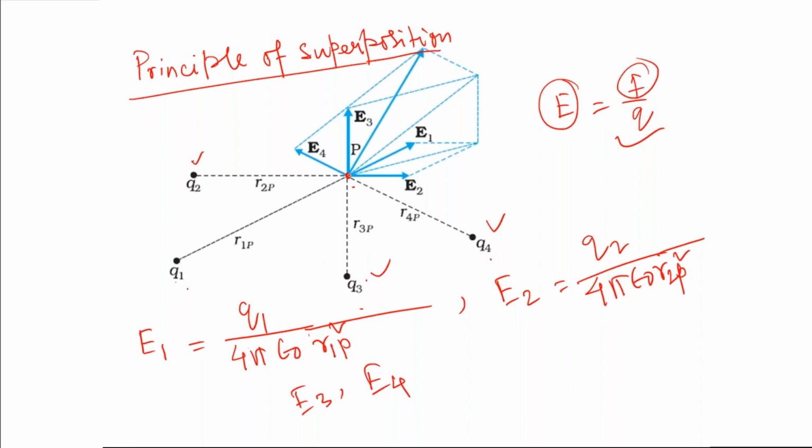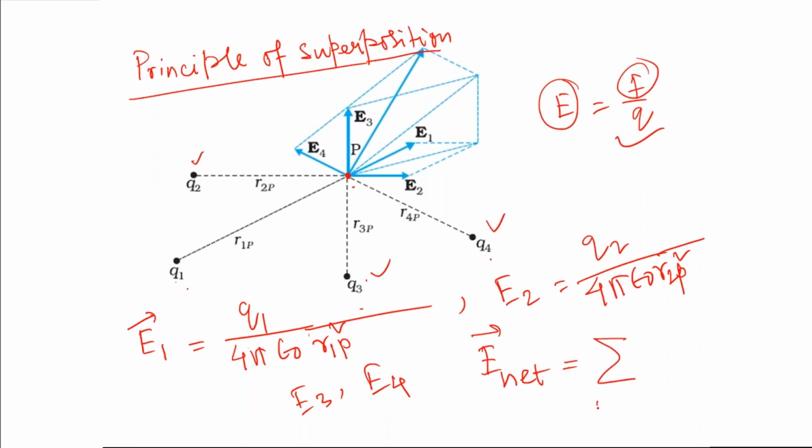So we will calculate the electric field individually for each charge at P, and then after calculating the electric field, obviously you have to give the vector sign. Then what we have to do, we have to take the vector sum to get the net electric field. We have to get the vector sum of all of them.